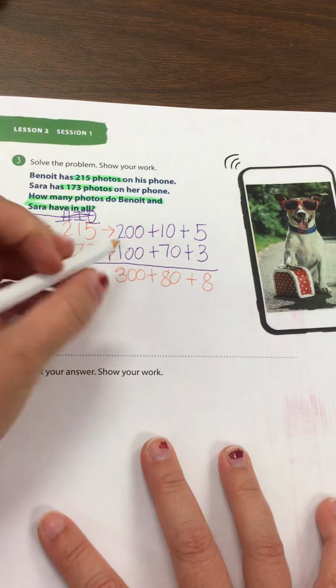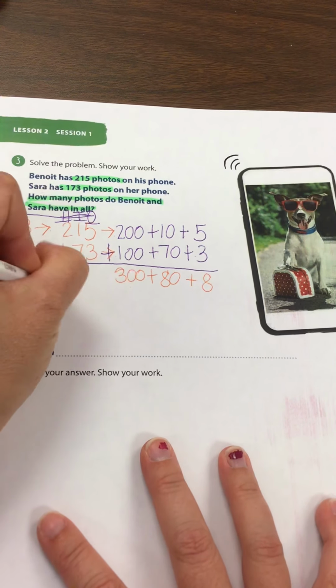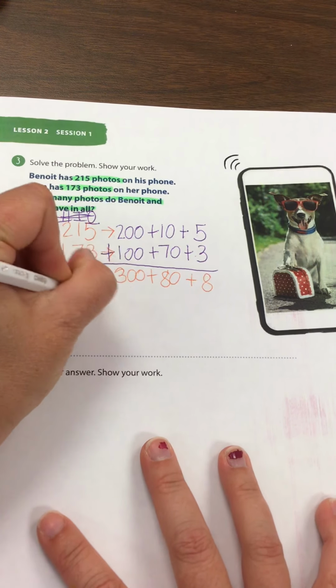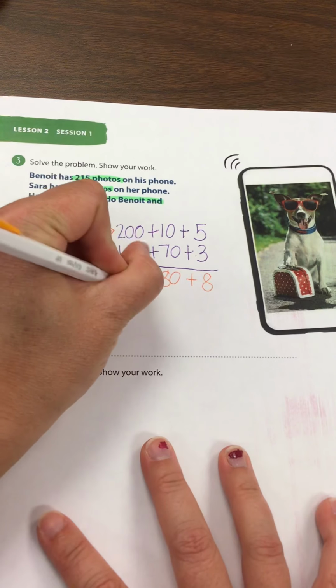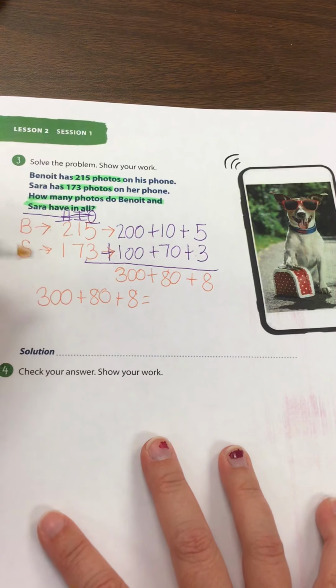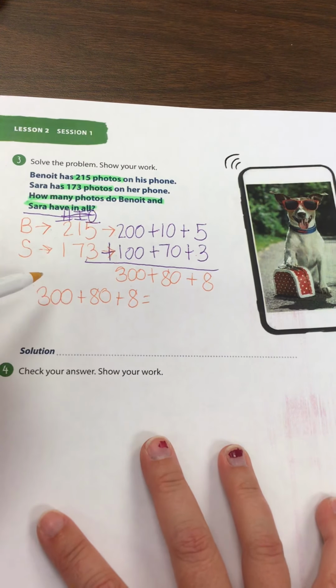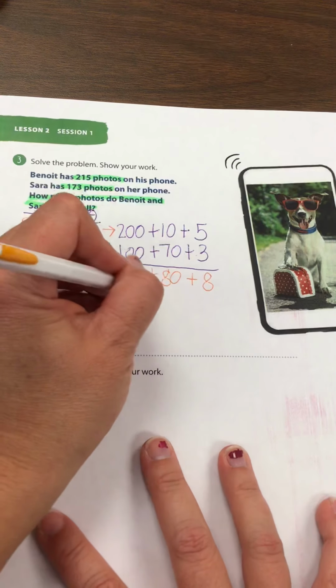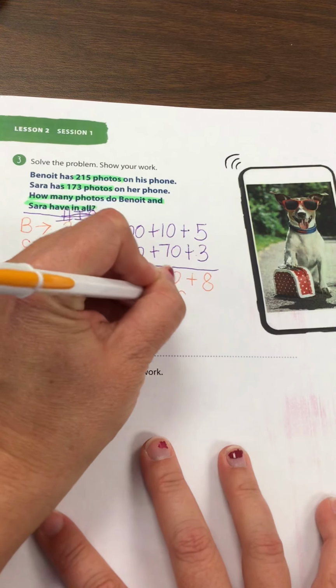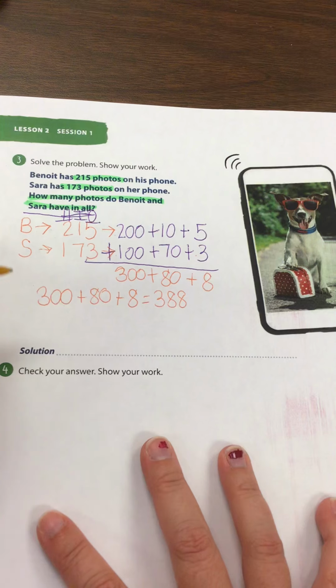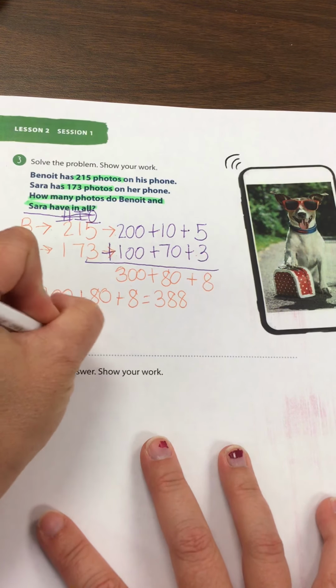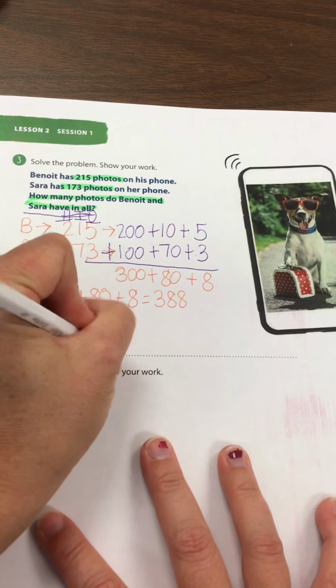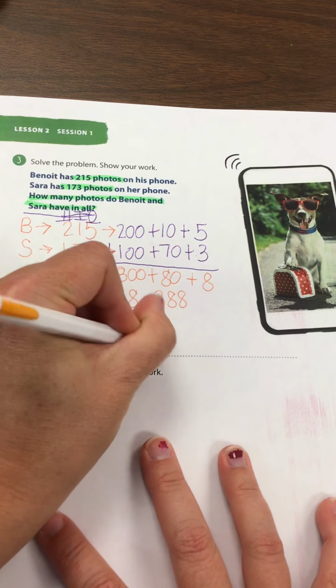So what number does 300 plus 80 plus 8 make? 300 plus 80 plus 8 makes 388. So how many photos do Benoit and Sarah have in all? 388, and we need a label, photos.